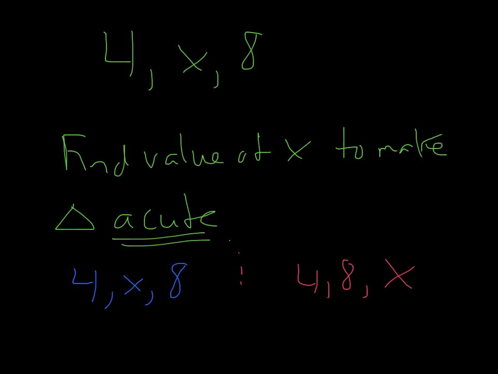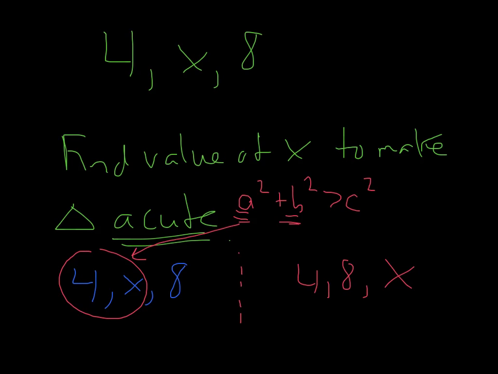So you may want to think about acute triangles. We know that a squared plus b squared has to be greater than c squared. Well, if it's the two smaller ones, it doesn't matter if it's x or 4, what the order is there. But if the missing side is the longest side, it's over there. And I want you to work on that. We can talk about it in class.